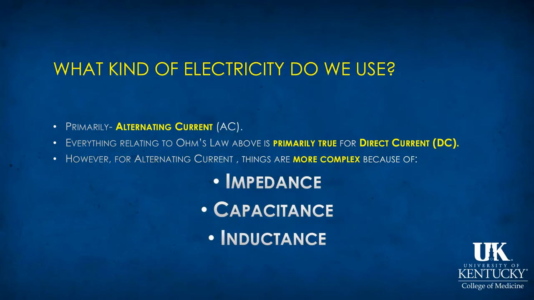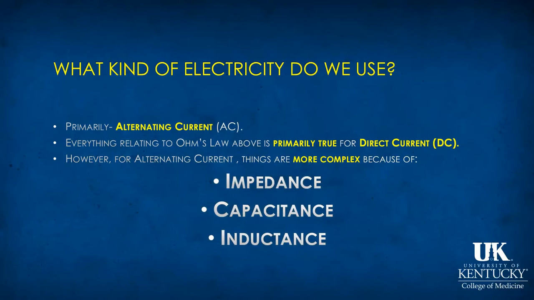So what kind of electricity do we use? Well, primarily in our houses and in the operating room we use alternating current, called AC. However, everything that relates to Ohm's law, as discussed so far, is primarily true for direct current.